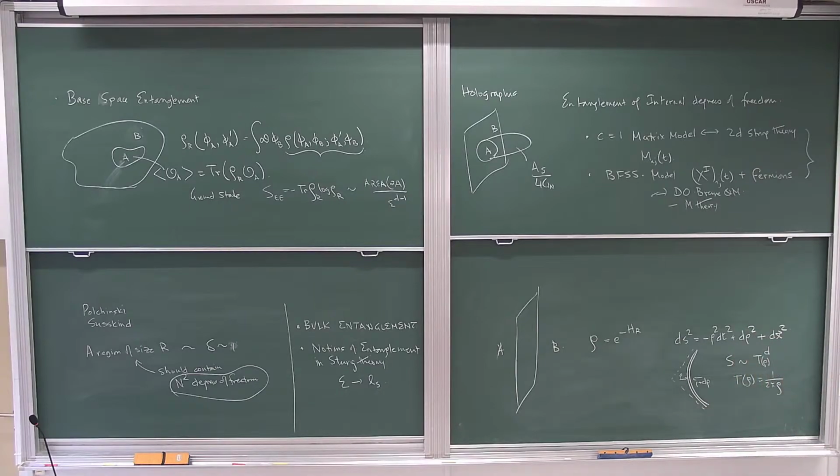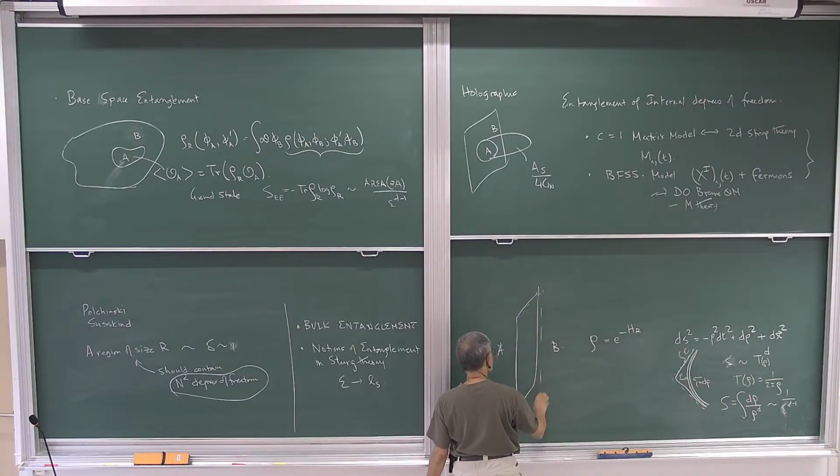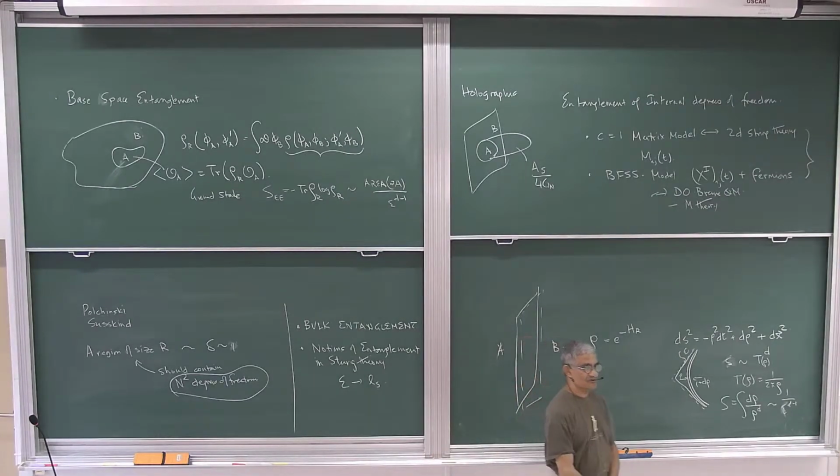So the total entropy, with this being the entropy density, is basically an integral of this. That receives a large contribution from this cutoff surface here, so it goes as 1 upon epsilon raised to the power d minus 1. That little thin strip near the Rindler horizon is precisely the region very close to the entangling surface.